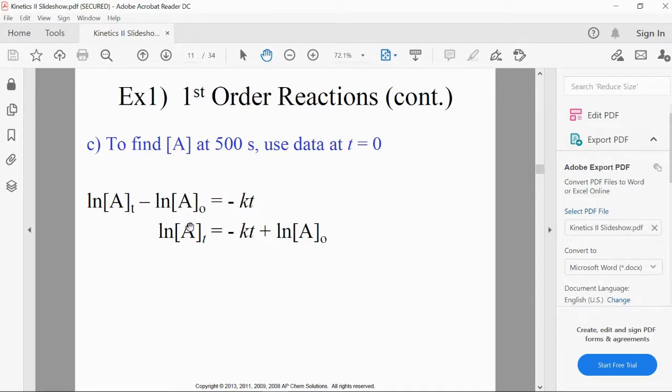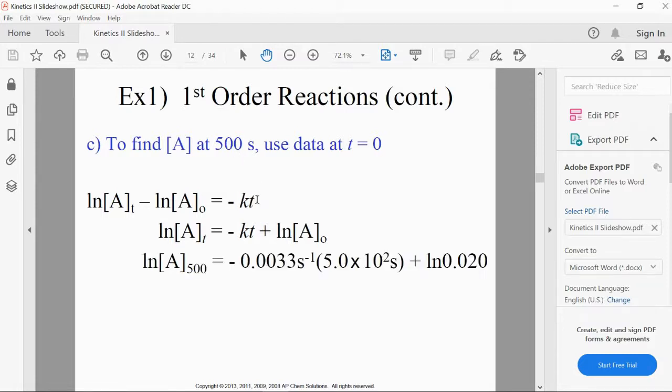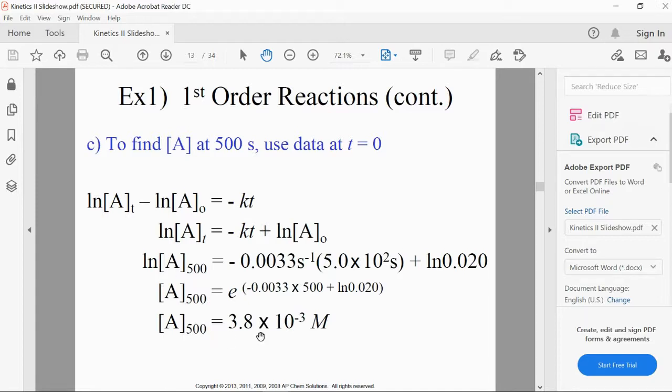We know what the concentration of A was at time equals 0. We just figured out what k was, and we know that time, we're going to plug in 500. So just plug in all of those values and then simplify and solve. And we get that the concentration of A after 500 seconds should be 3.8 times 10 to the negative 3 molar.